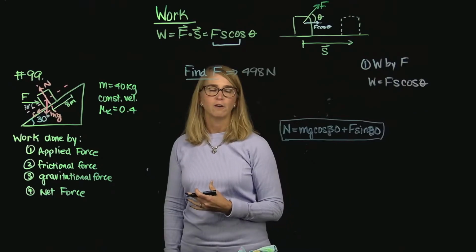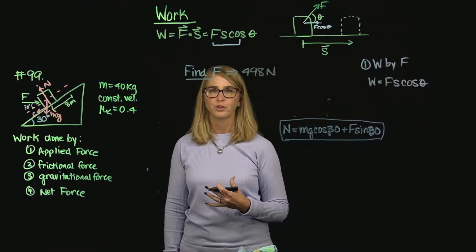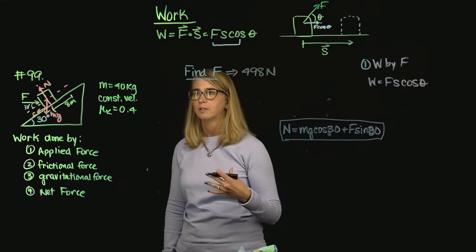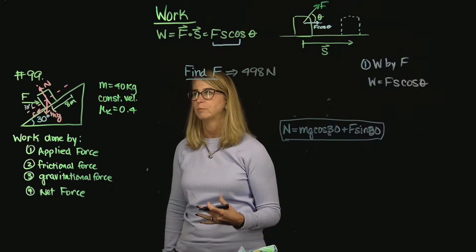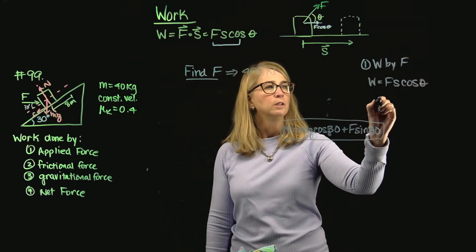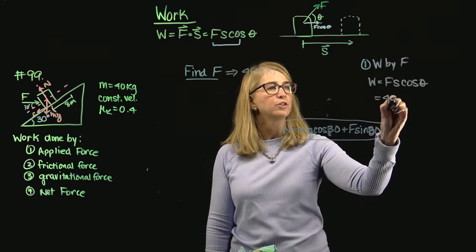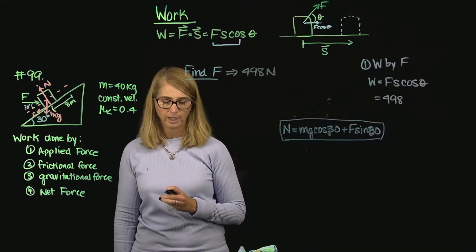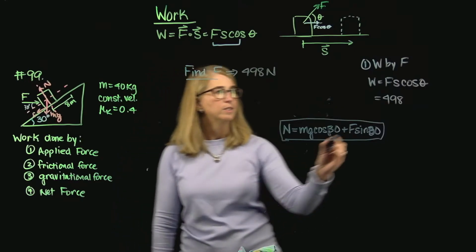So I'm going to start off by just writing the general definition for work, where it's the force times the distance times the cosine of the angle between the force and the distance. Okay, so in this problem, I just found the force. It was 498 newtons.